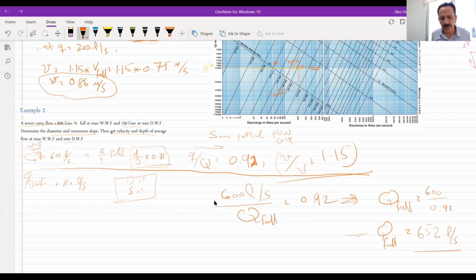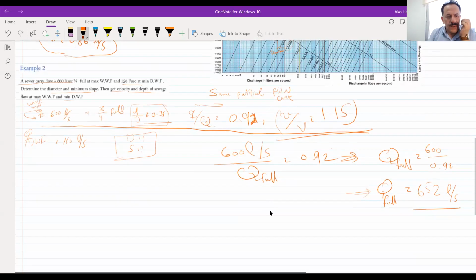Now we have this full flow, and keep in mind this number. Now, for the minimum q, it will be 150 liter per second, right? Now we have d over capital D. I don't know how much it will be.